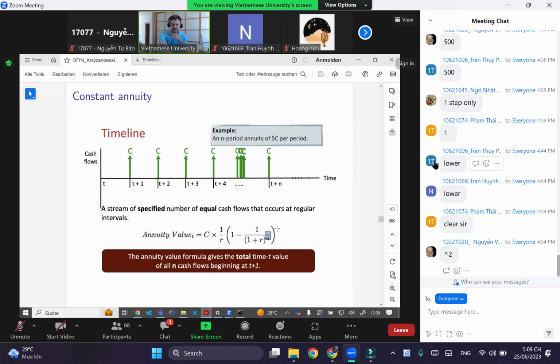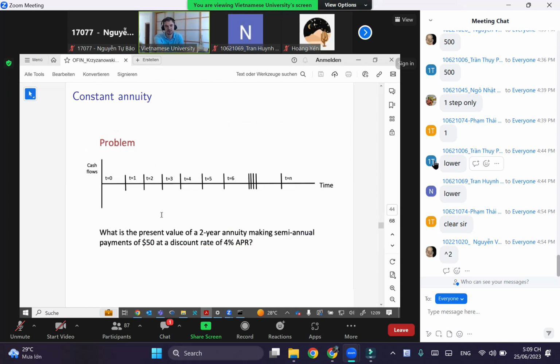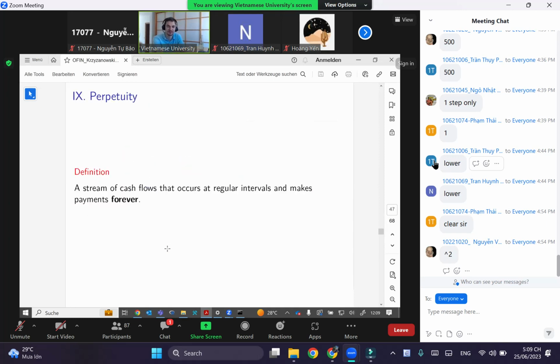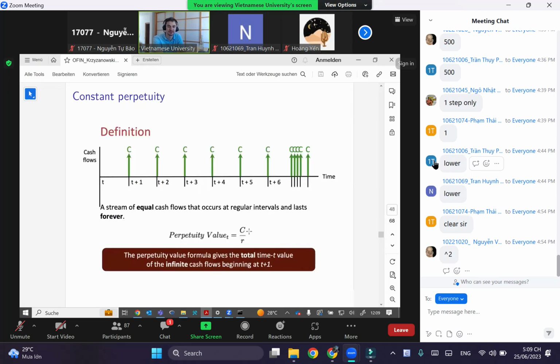When you apply the limit to this annuity value formula, and this is something we're going to see a little later in more detail, but I just want to give you a heads up that the time t value of the constant perpetuity breaks down to the very, very simple formula c divided by r.